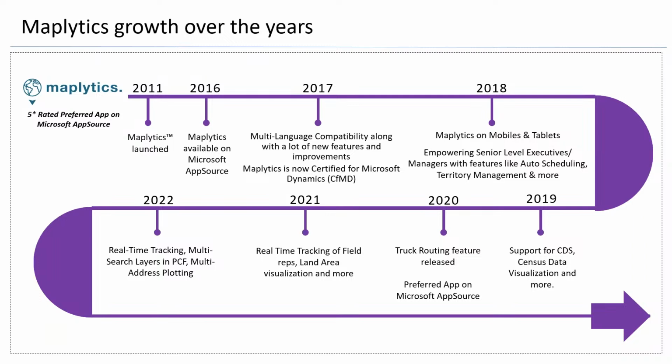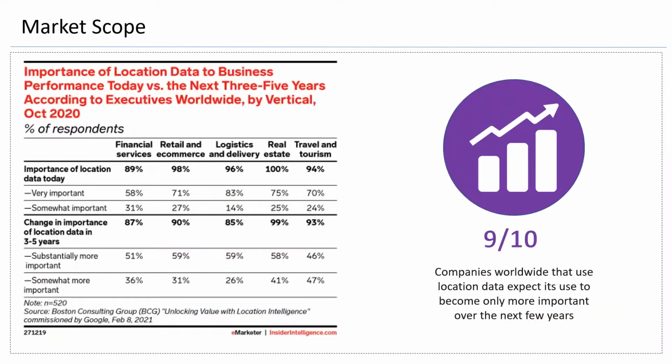Now let's move on to understand the importance of the locational intelligence. According to the executives worldwide, the locational component in the business performance has been playing a major role in many business sectors like finance, retail, logistics, real estate, and tourism. Further, its importance is going to increase even more in the coming few years.